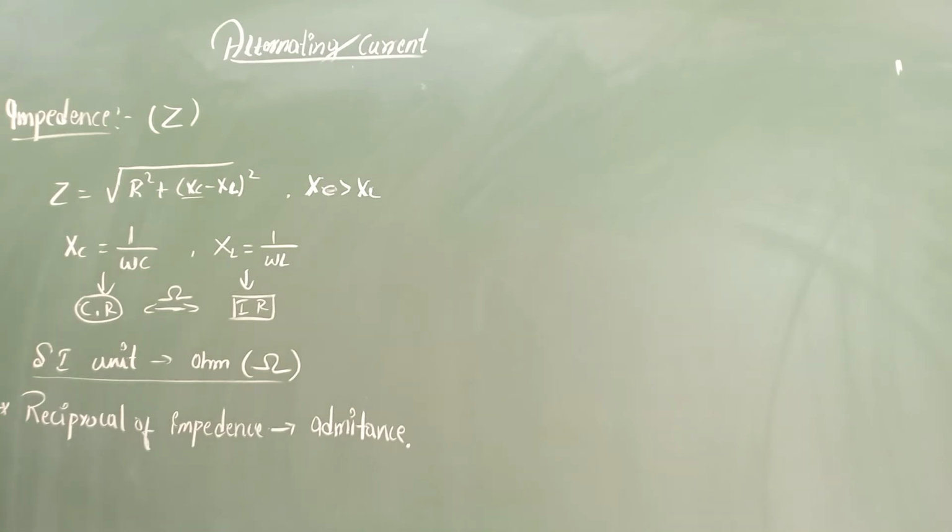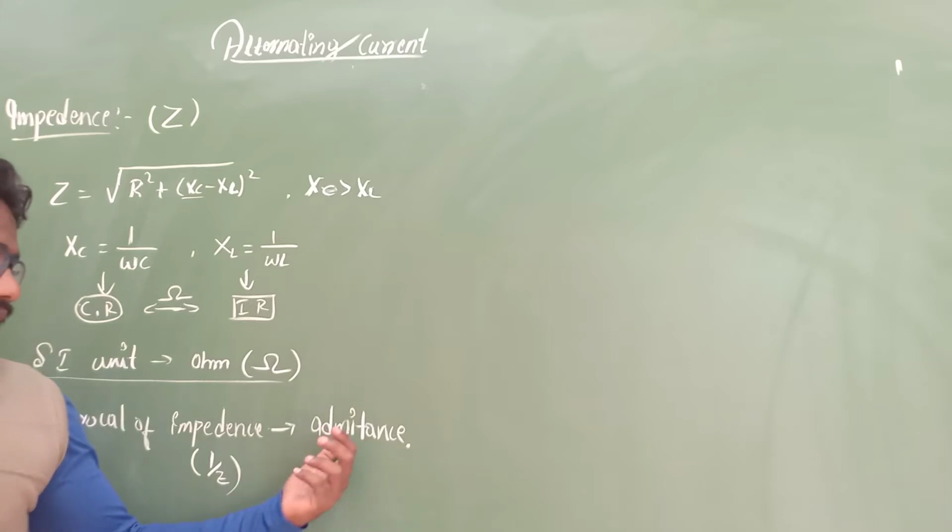Sir, what does it mean? See, if we take 1 by Z, you find the impedance value, and if you take the reciprocal of that, the resultant value you are going to get is nothing but admittance.